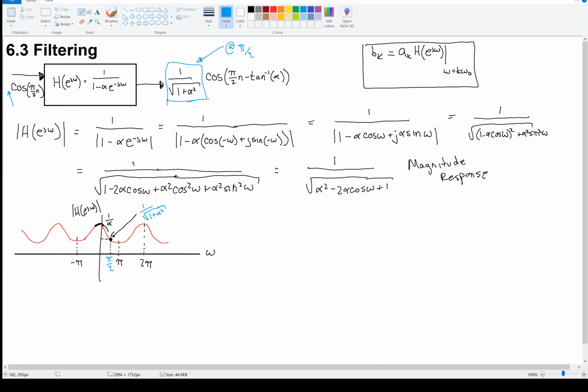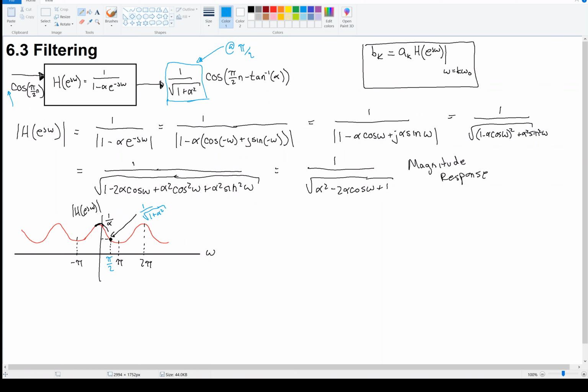Take a second to really think about that. We put in pi over 2, so here's pi over 2. The magnitude response has a height of this, 1 over the square root of 1 plus alpha squared, and that's exactly what ended up multiplying our cosine, scaling our amplitude. That's not a coincidence.